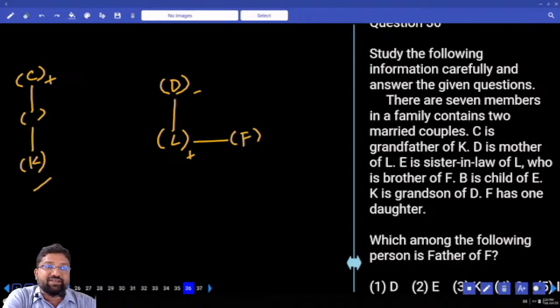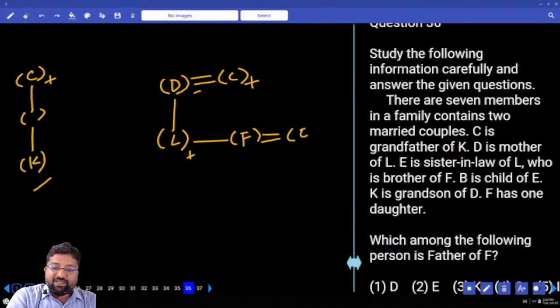Maybe C and K can be a married couple. Maybe they are a married couple. According to the question, there are only 7 people. And how many married couples? 2 married couples. He told us E is the sister-in-law of L. Can I go for E here? Is it a possibility? Yes.